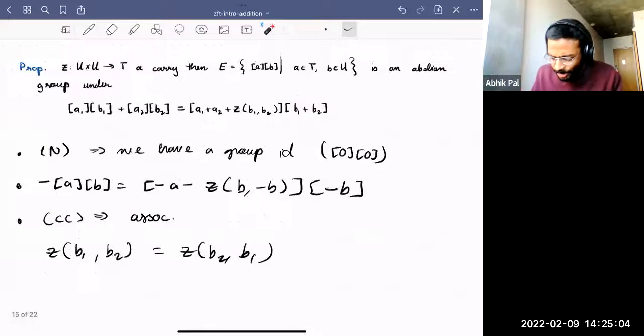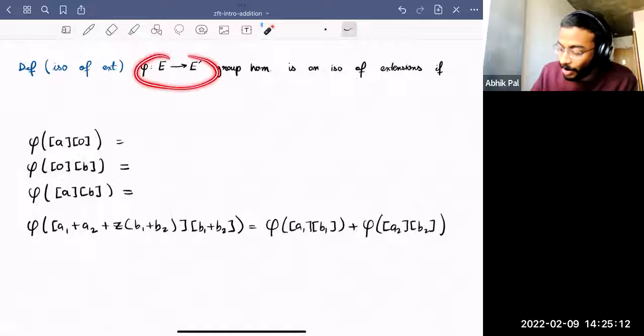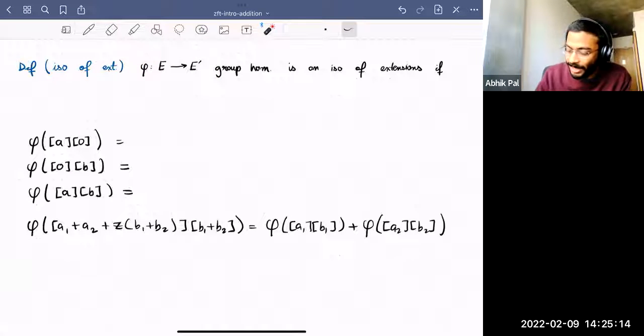Okay, so the next thing that I want to do is to see when two of these things define the same structure. So if I have two group extensions and I have a homomorphism between them, what is the right notion of an isomorphism between these two extensions?